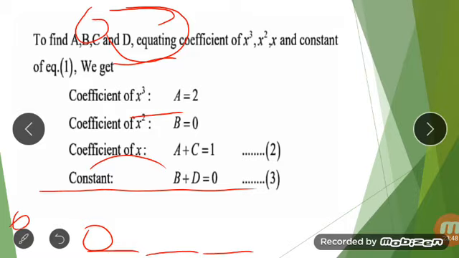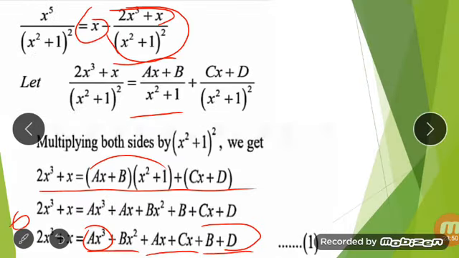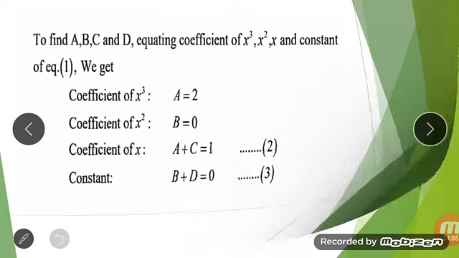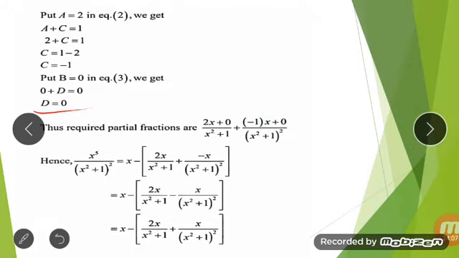Then we have the constant term, b plus d. Here we don't have any constant term, so b plus d will be equal to 0. The values of a and b are already found. By putting the value of a in this equation we get the value of c, and by putting the value of b in equation 3 we can get the value of d. So here we have the values.